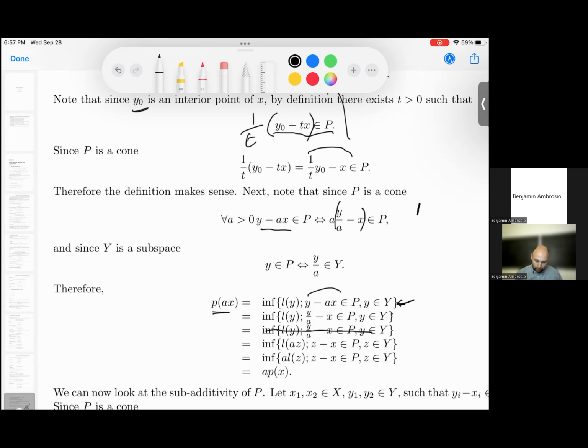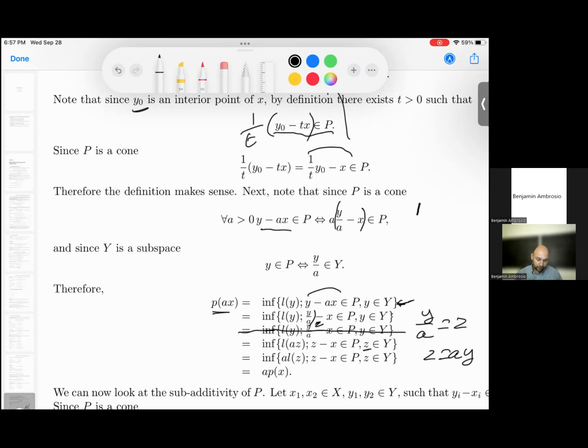So now if I call y divided by a equals z, so y equals az, I replace here, and y belongs to capital Y is equivalent to say that z belongs to Y, so I can choose z belongs to Y, it's the same.